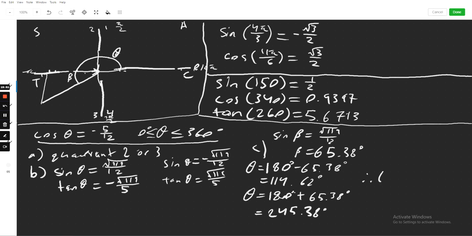Therefore, the values of theta would be equal to about 115 degrees or 245 degrees. So there we have it.